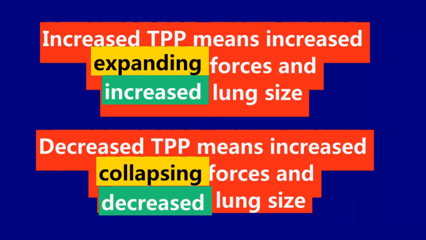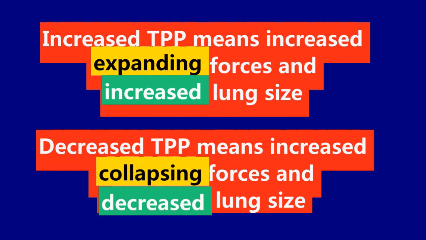This means that when the transpulmonary pressure is increased, this indicates that there are more expanding forces in the lung and that the lung size is increased. Whereas when the transpulmonary pressure is decreased, this indicates that there are more collapsing forces in the lung and that the lung size is decreased.